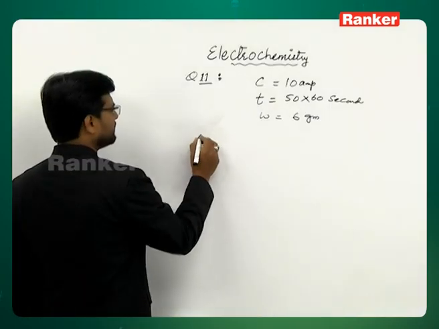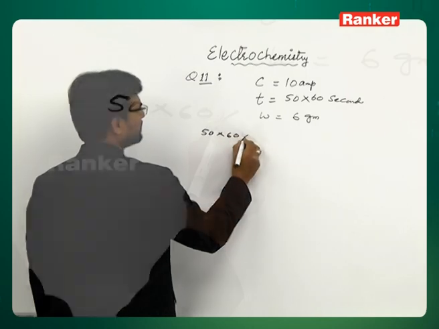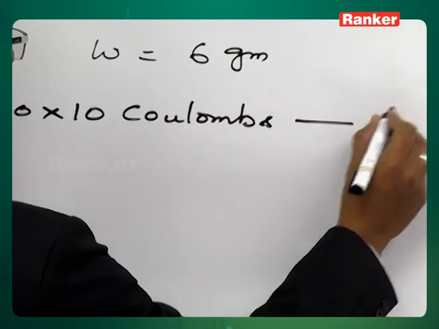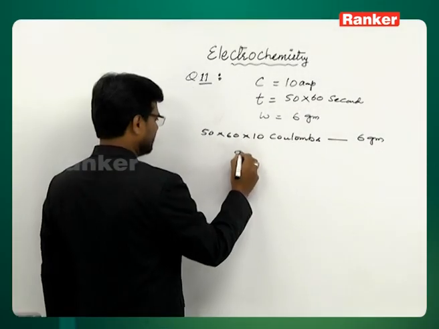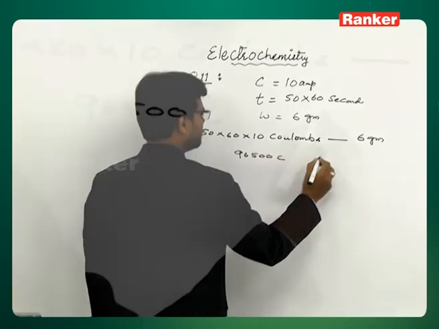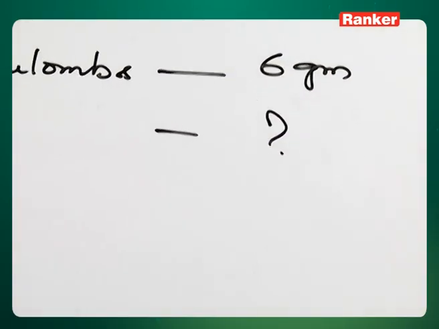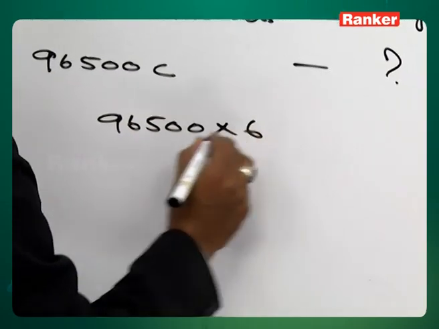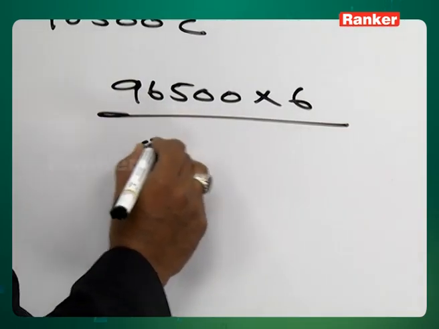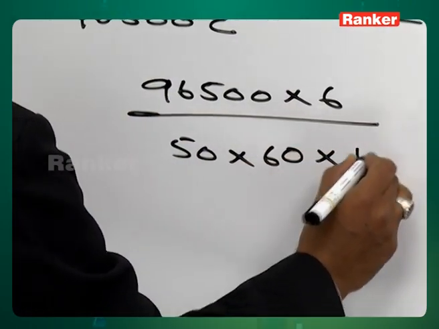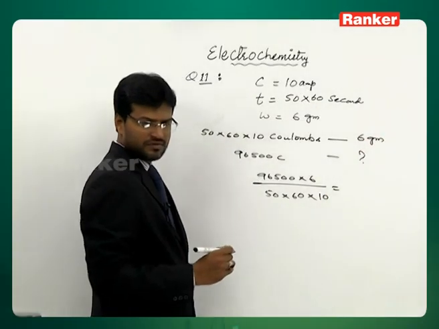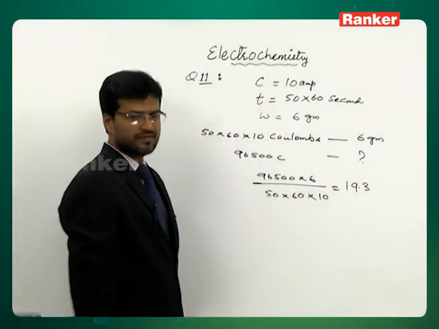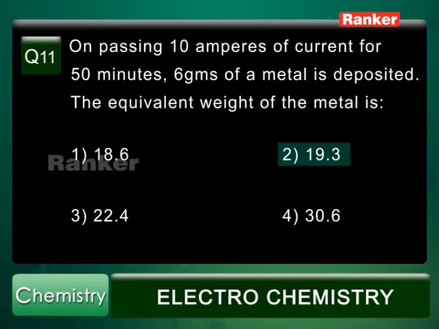So 50 into 60 into 10 coulombs gives 6 grams. 96,500 coulombs gives how many grams? That becomes the equivalent weight of the metal. So 96,500 into 6 by 50 into 60 into 10 comes to 19.3. So the equivalent weight of the metal is 19.3. Second option is the correct answer.